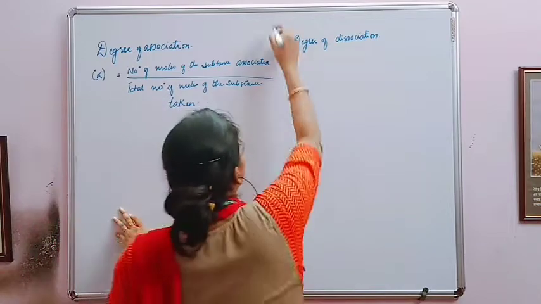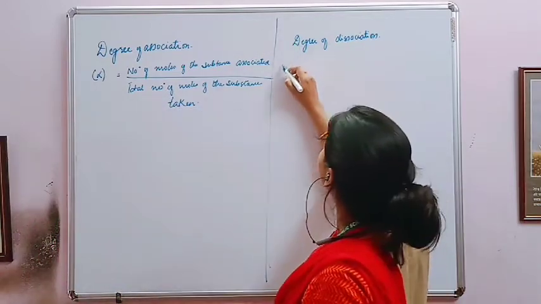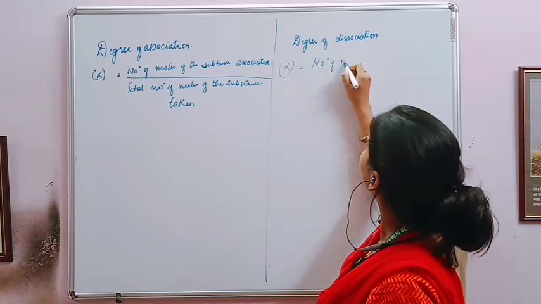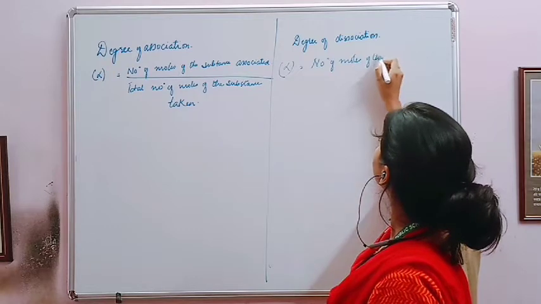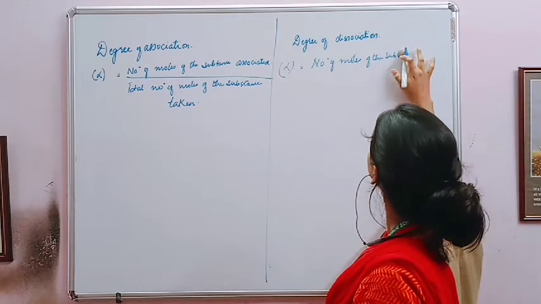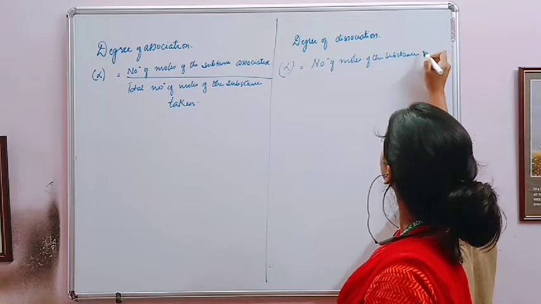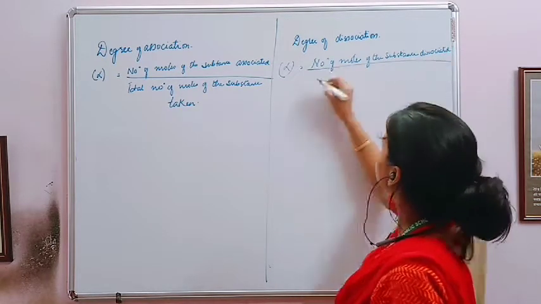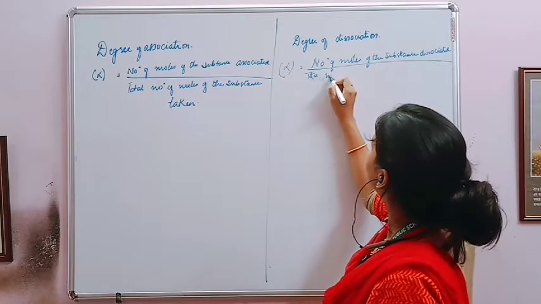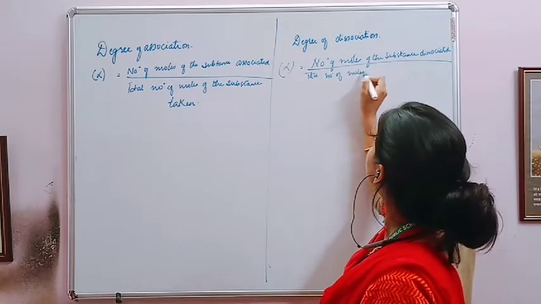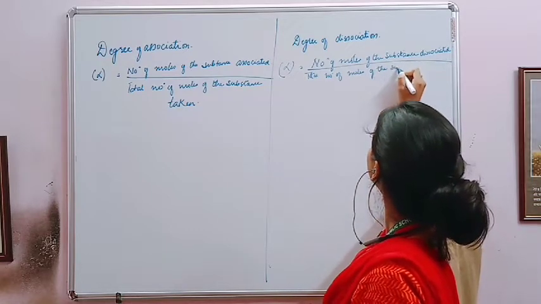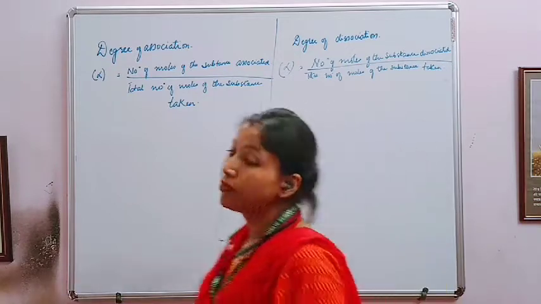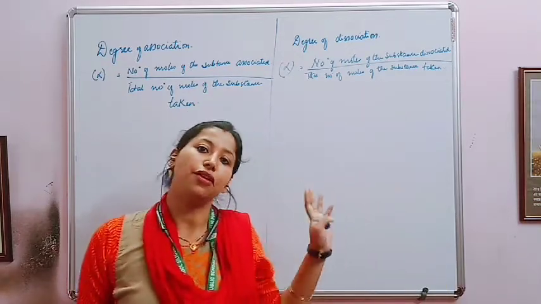And on this side, degree of dissociation, which is given by alpha, is equal to number of moles of the substance dissociated by total number of moles of the substance taken.